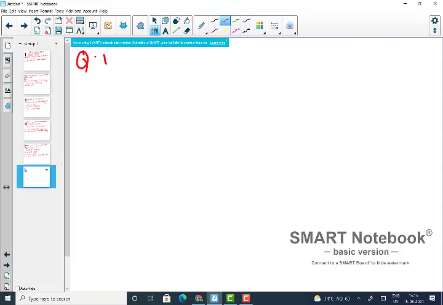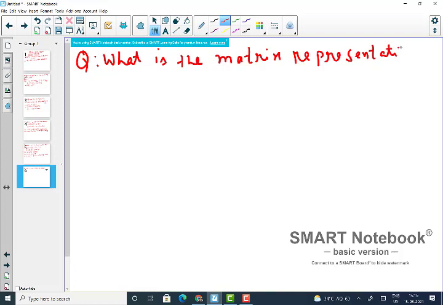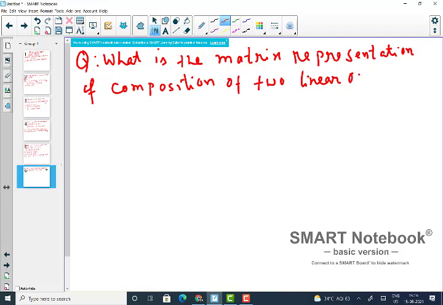What is the matrix representation of the composition of two linear operators?